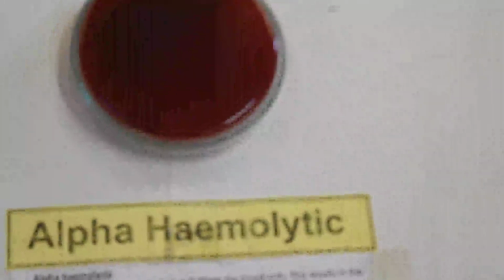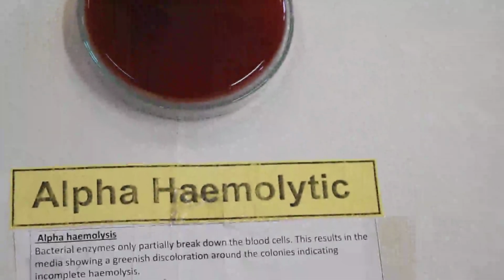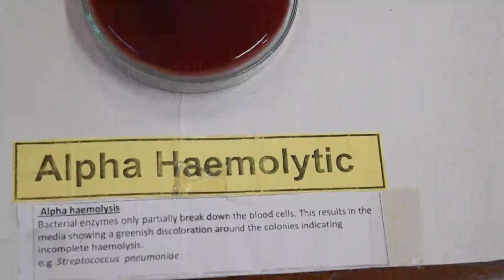Again the colonies are very small because it's a streptococcus. Is it clear, the greenish color around the colonies? The examples for alpha hemolytic streptococci are Streptococcus pneumoniae and the viridans streptococci. Those are the common examples.